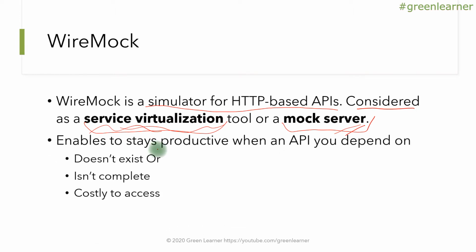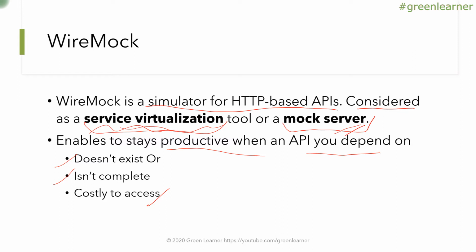It enables you to stay productive when the API you depend on doesn't exist yet, is not complete, or is costly to access. Consider a project design where multiple microservices are planned to be developed in parallel, and one service depends on another.